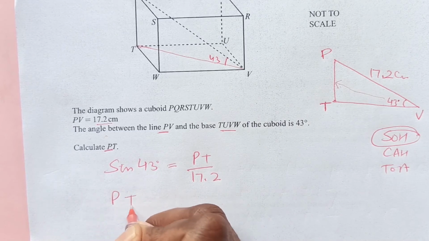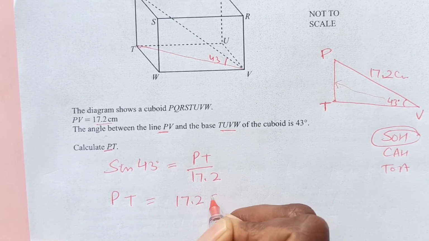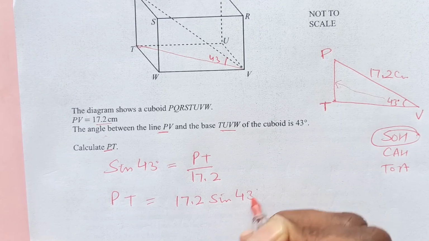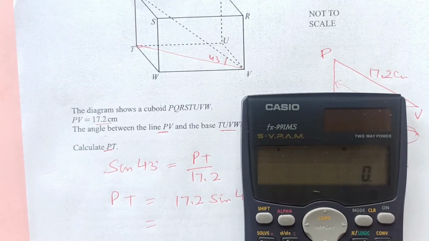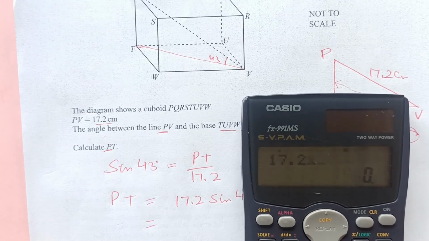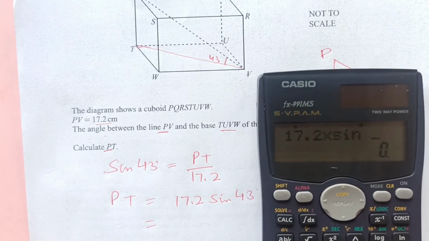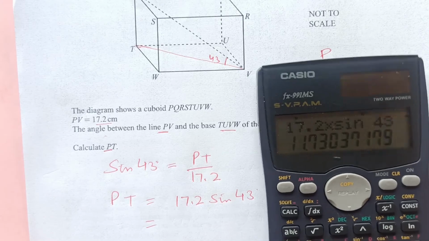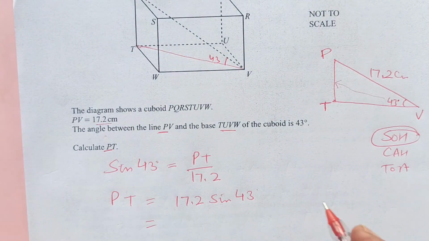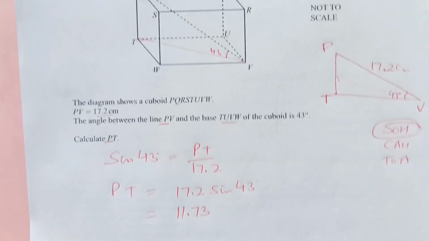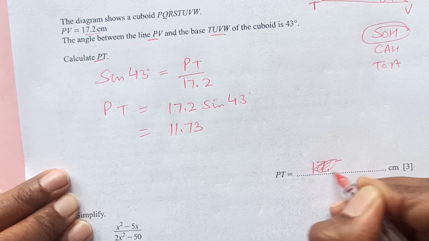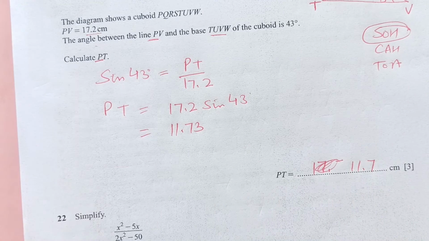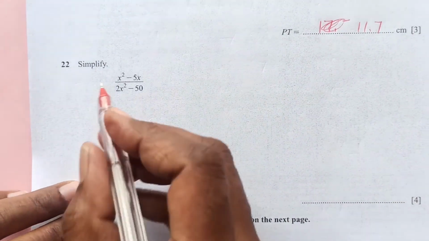So PT is 17.2 times sine 43. So let's see. 17.2 times sine 43 is 11.73, which can be written as 11.7, right?